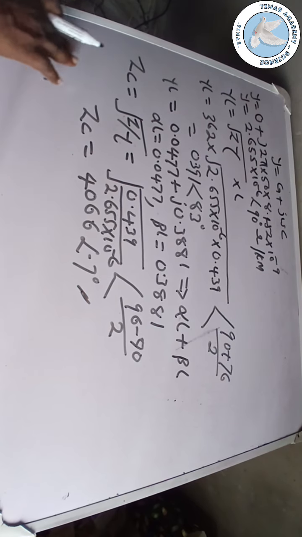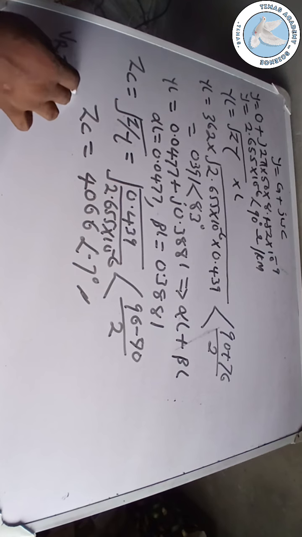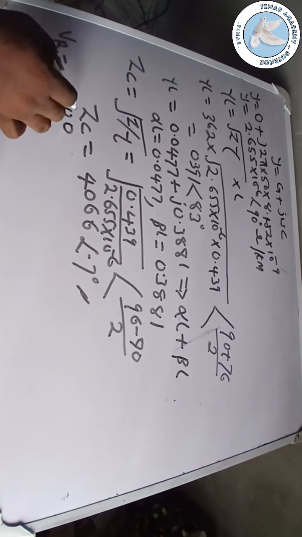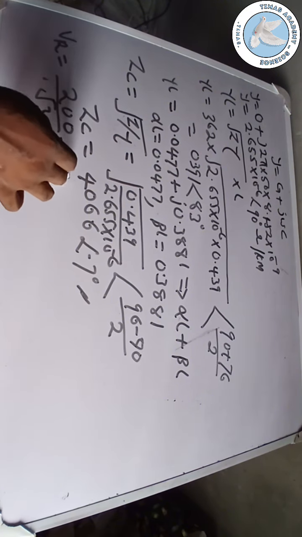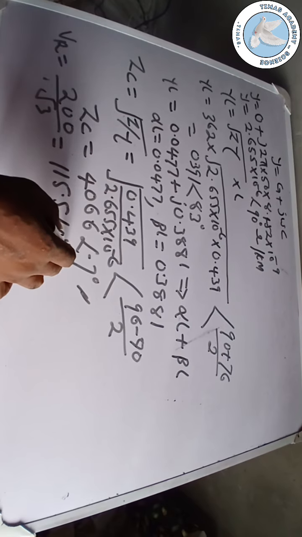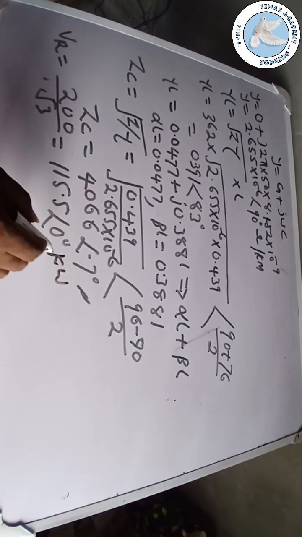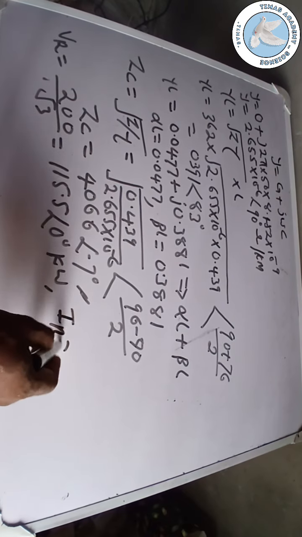Another parameter we need to solve is VR. VR is the output terminal voltage, and this is gotten from the question. We have the line voltage to be 200. We divide this by root 3, and we have 115.5. The angle is 0, and it is in kilovolt. This is the line to neutral, the phase voltage. So the next that we need is IR.